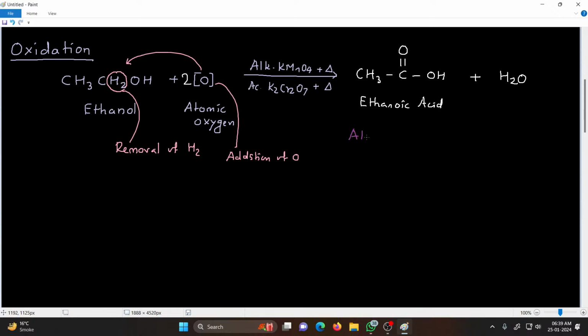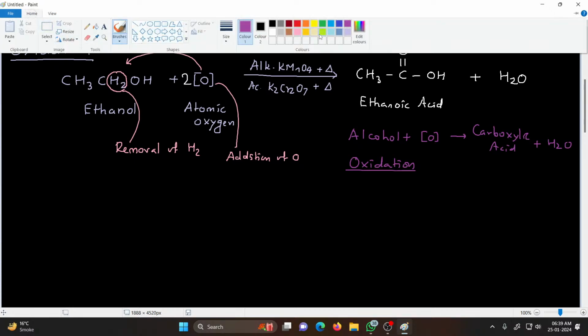So in all, you can write the reaction as alcohol plus nascent oxygen gives you carboxylic acid plus water. So this is a general oxidation reaction, oxidation of alcohol. So we have seen combustion, we have seen oxidation.